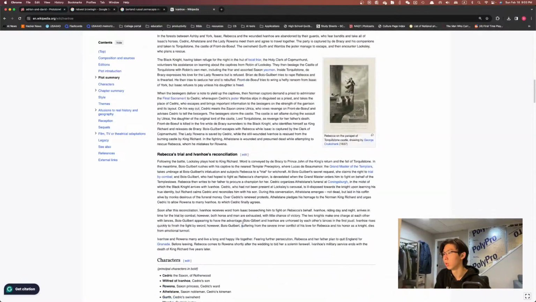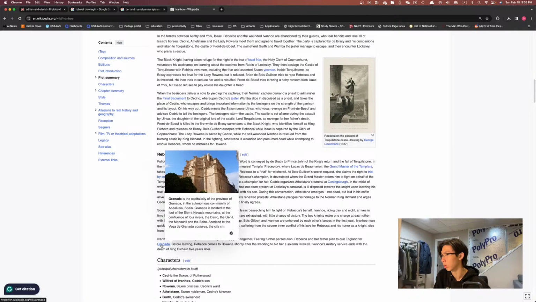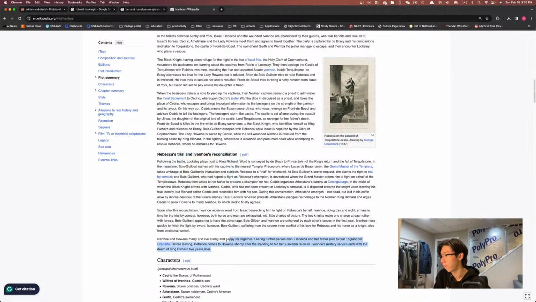Okay. Rebecca's trial and Ivanhoe's reconciliation. Long and happy life together. Quit England for Granada. Oh, that is a beautiful building. Trial for witchcraft.